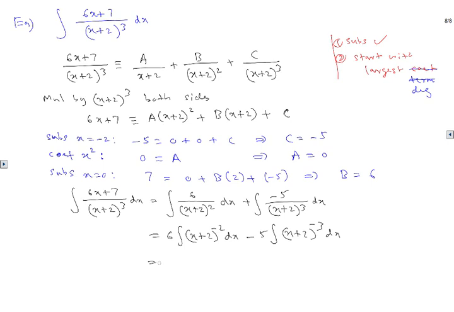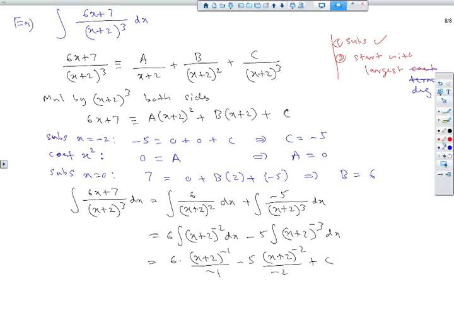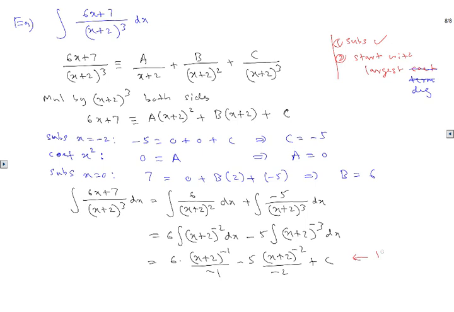Then we can just use the power rule. If you use the power rule, you're going to get 6 (x plus 2) to the negative 1 divided by negative 1, from the formulas, and then minus 5 (x plus 2) to the negative 2 divided by negative 2, plus c.